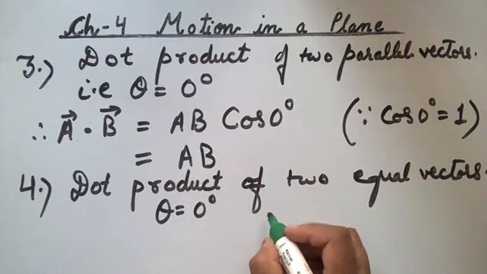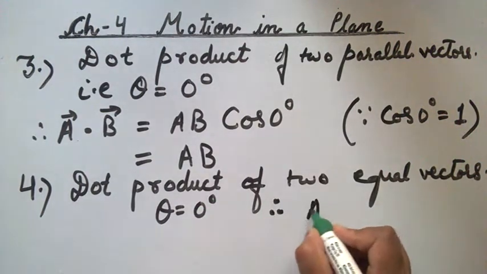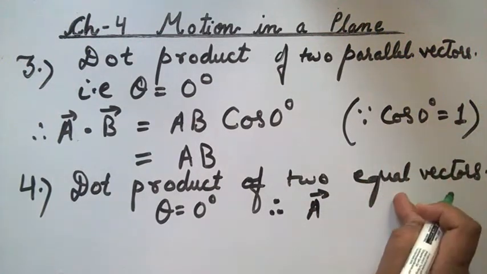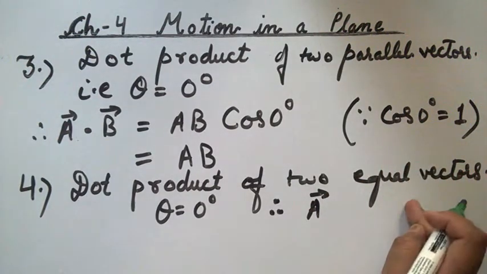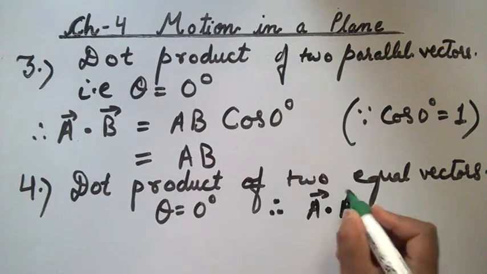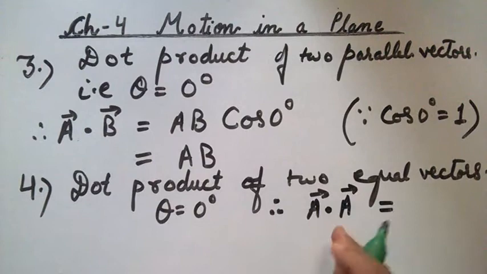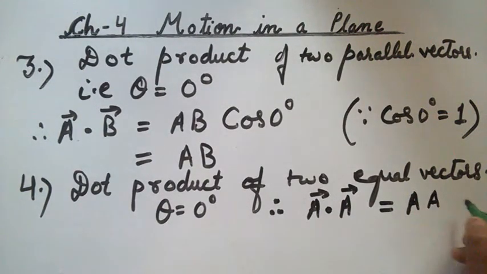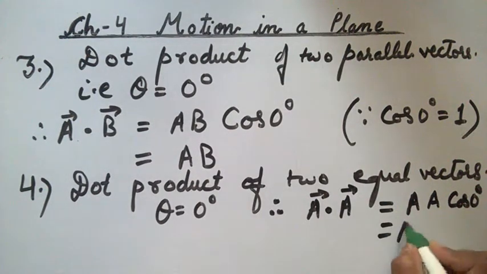Therefore, if the vectors are equal, that is having equal magnitude as well as direction, the vectors are the same, and it is equal to a into a cos 0 degree, which is equal to a square.